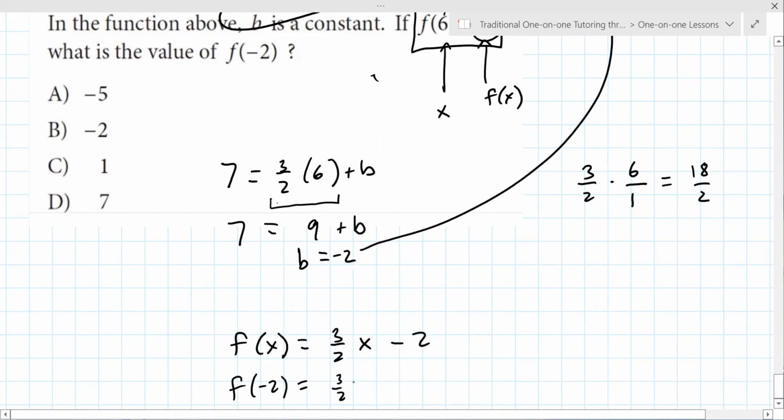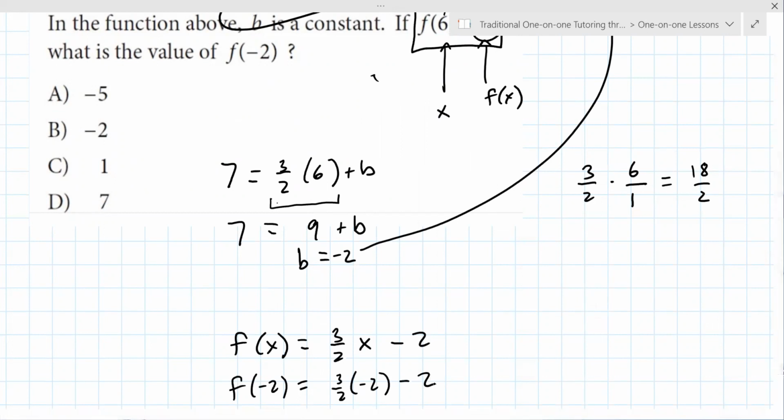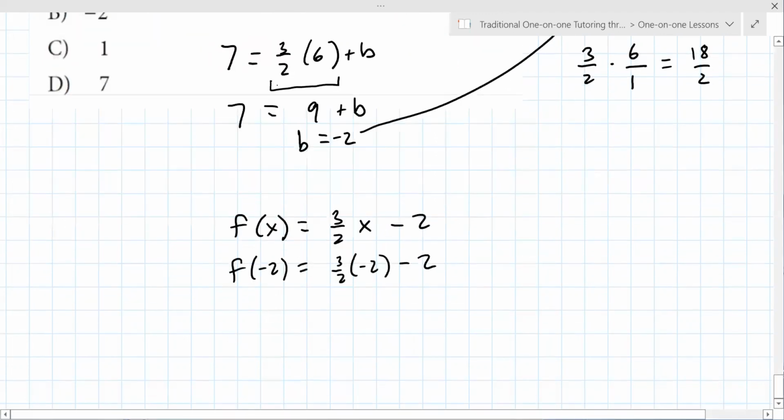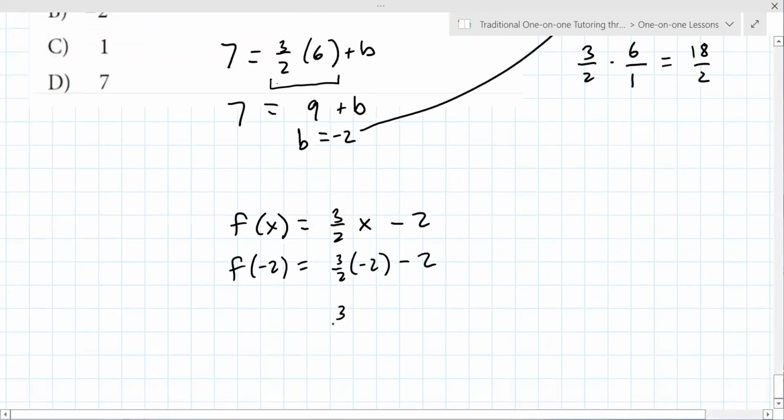So -2 equals 3/2 times... So -4. Wait, where did you get -4 from? Am I supposed to use the -2 and multiply by the other -2? No. Oh, I'm supposed to do it, yeah, I see. So there's an issue here.